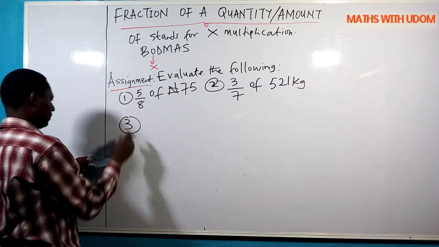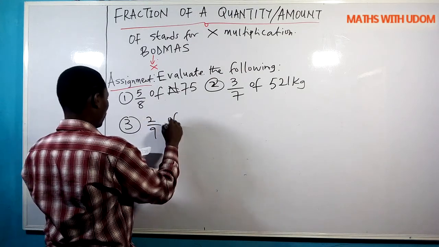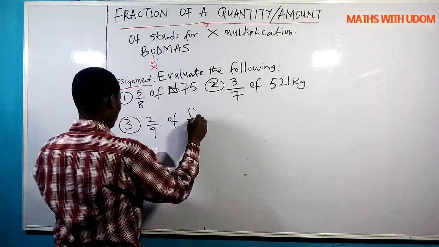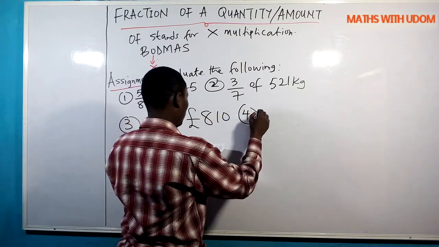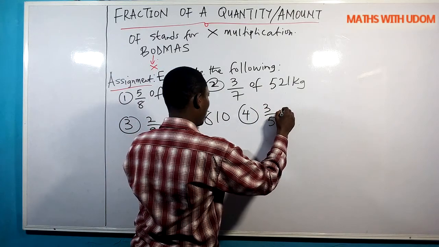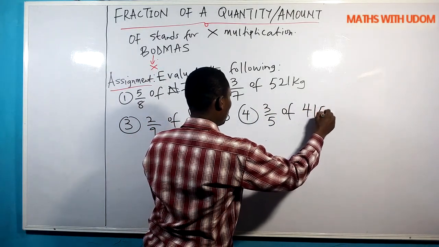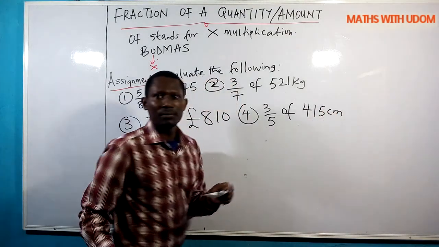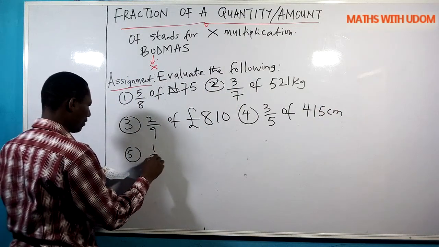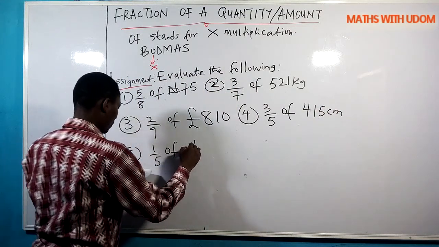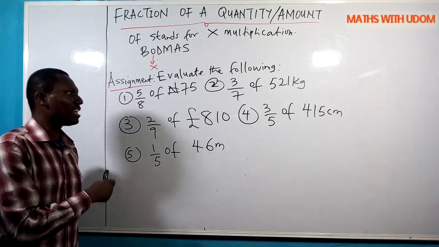Number 3, we have 2 over 9 of 810 pounds. Number 4, 3 over 5 of 415 centimeter. And then number 5, 1 over 5 of 46 meters. So these are your assignments.